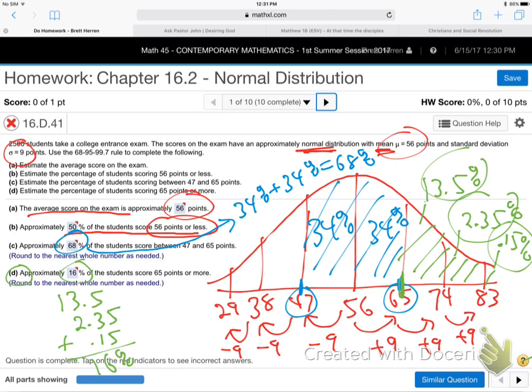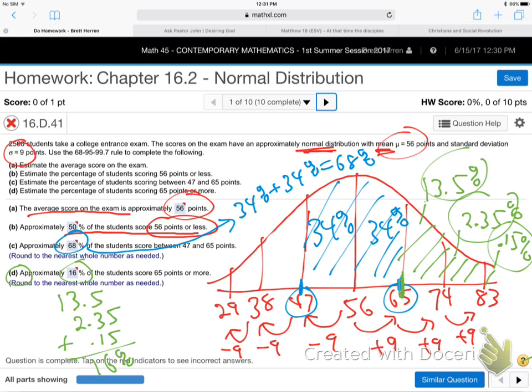Now, in a minute, they're going to ask the same question, but change it ever so slightly. Instead of saying what percentage of students scored 65 or more, they'll say how many students. So how would I take the 16% and turn that into how many students?